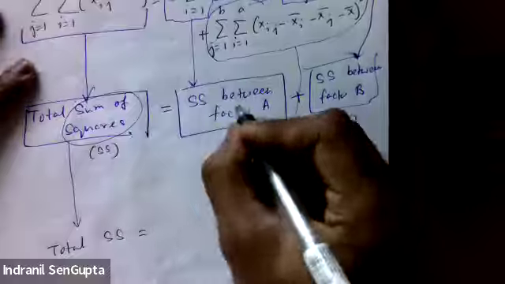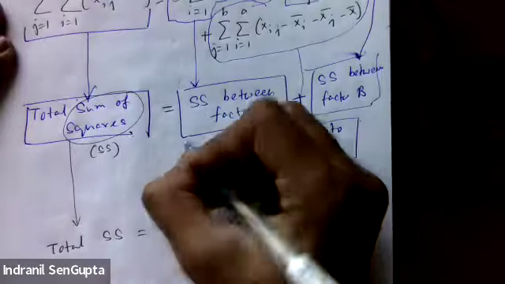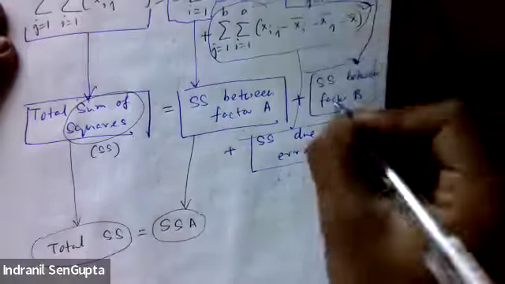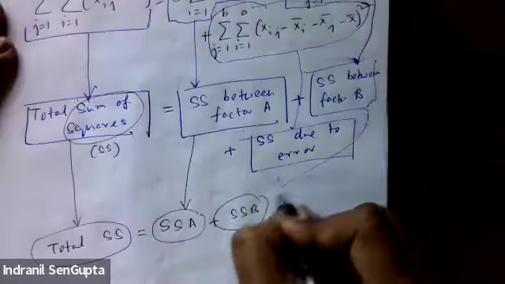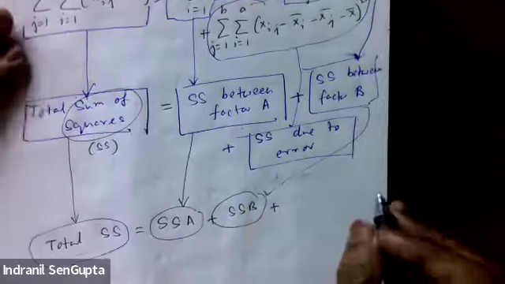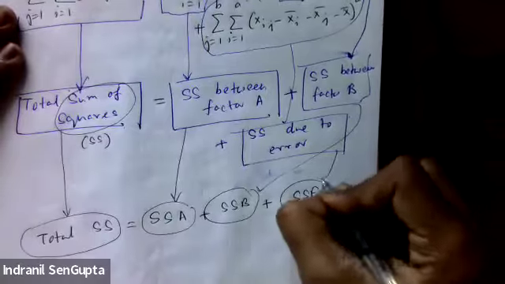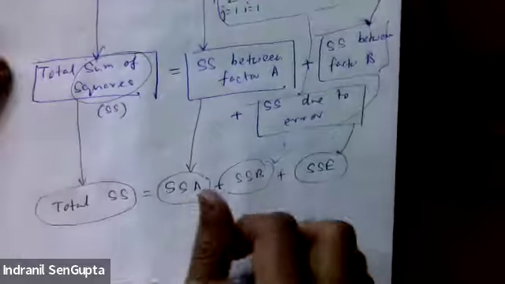This is called sum of squares between factors A, so it's written as SSA. Sum of squares of factors B is called SSB. And this sum of squares due to error is called SSE. So total SS is this.